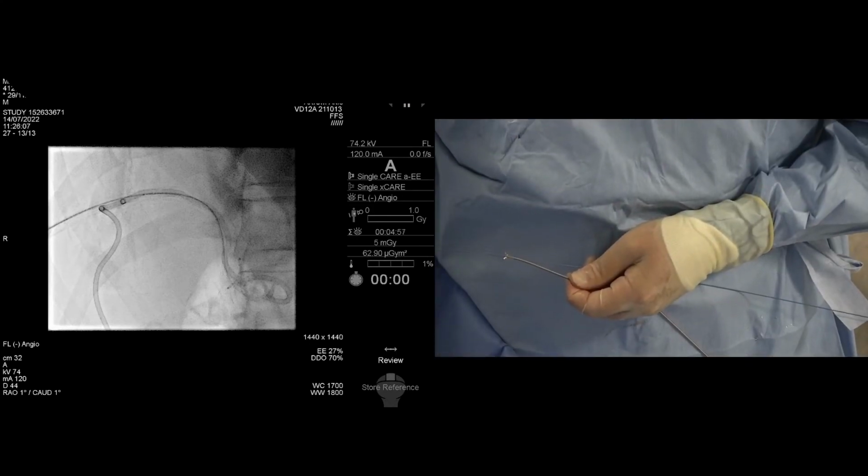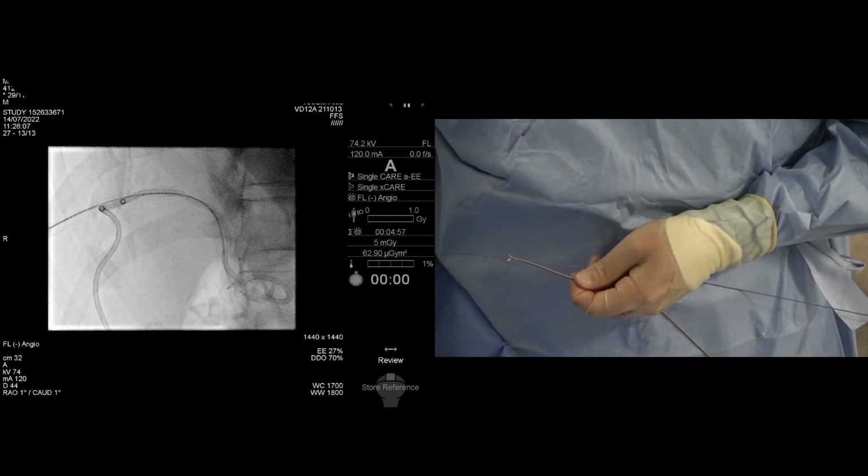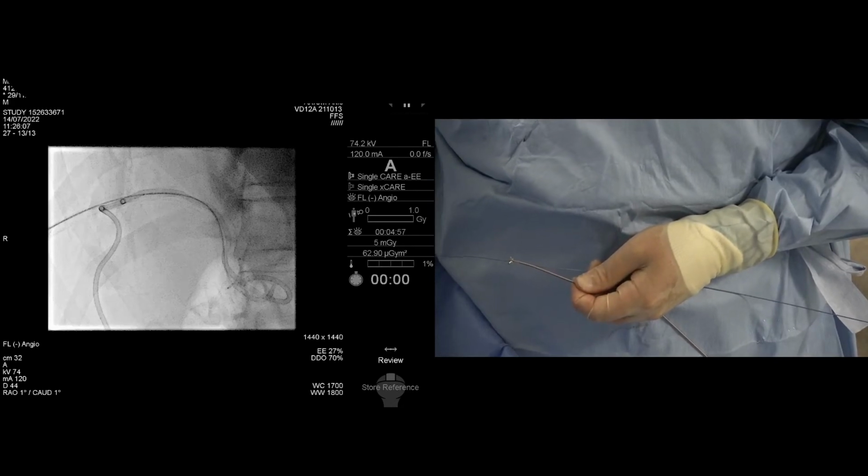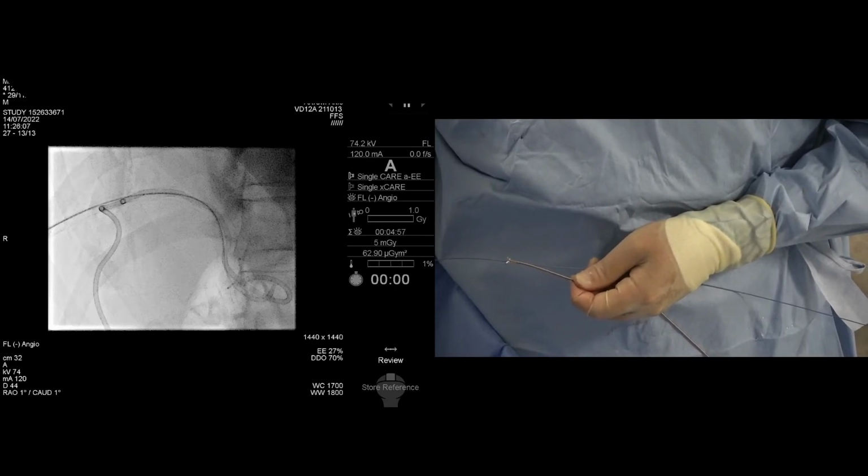Okay, so we've done the brush with the Steris Infinity brush, and that can be incredibly important to make a diagnosis of malignancy.